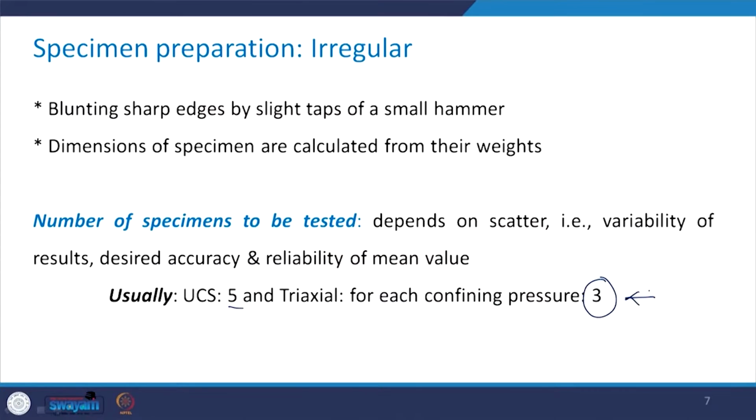Therefore, here for each confining pressure we are going for 3 specimens. However, for soils we take only 1 specimen for each confining pressure. Okay, so for rocks we have to be careful.